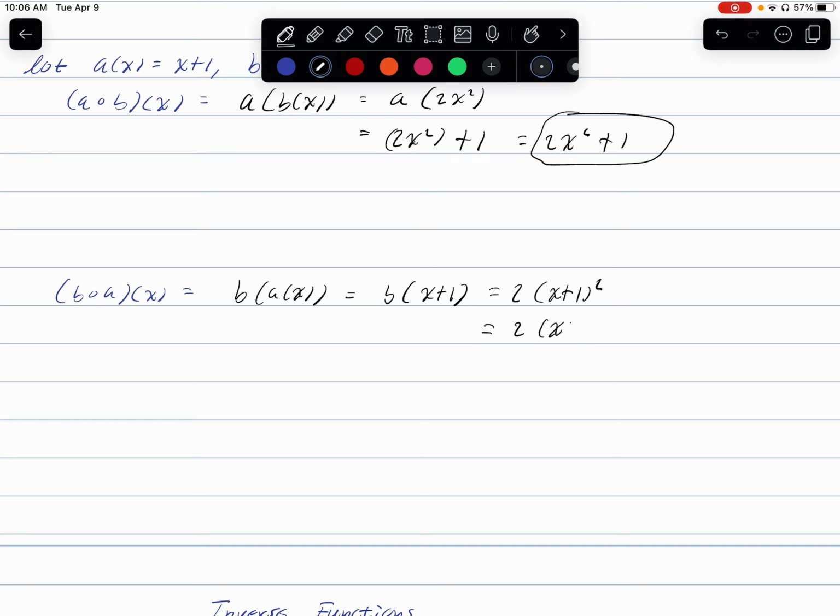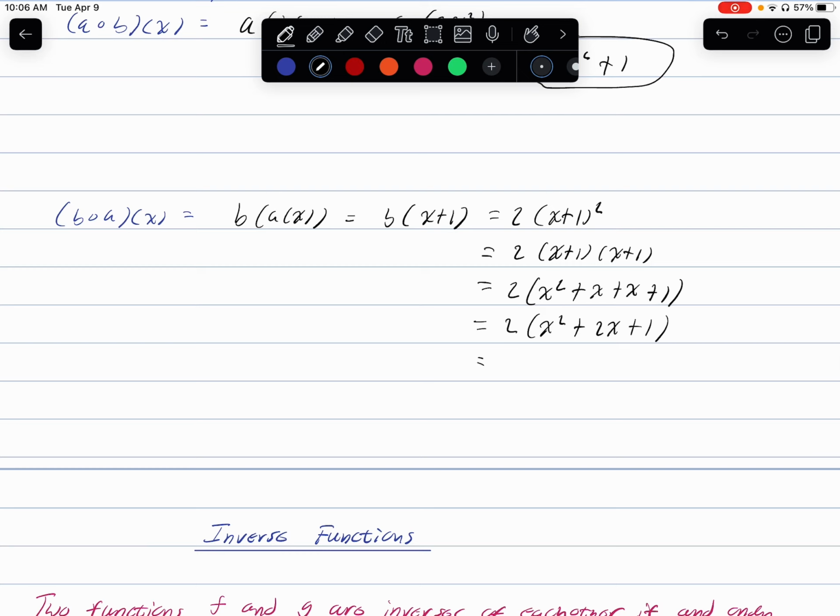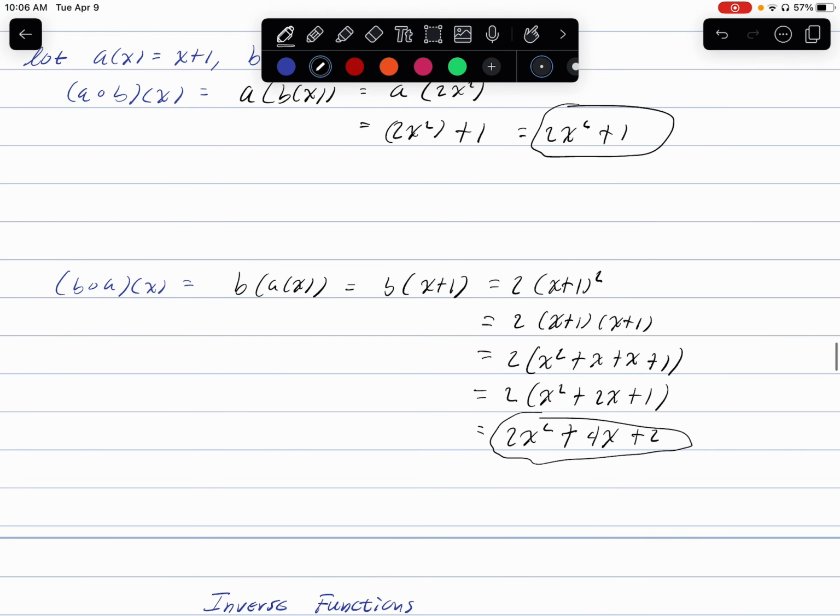So we have 2 times x plus 1 times x plus 1, and we can FOIL this out. So we have 2 times x squared plus x plus x plus 1. And now we can combine like terms, so we'll get 2 times x squared plus 2x plus 1. And if we distribute that 2, we're going to get 2x squared plus 4x plus 2. And that is about as simple as you're going to get that. Okay, so once again, notice these two are not the same.